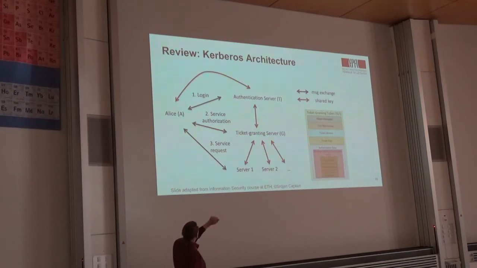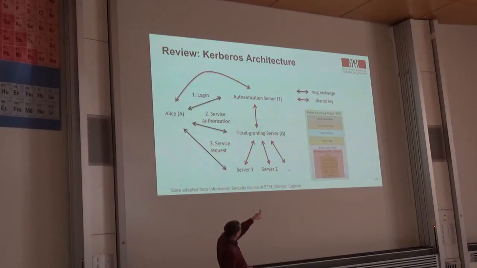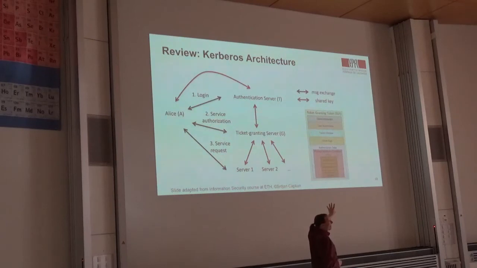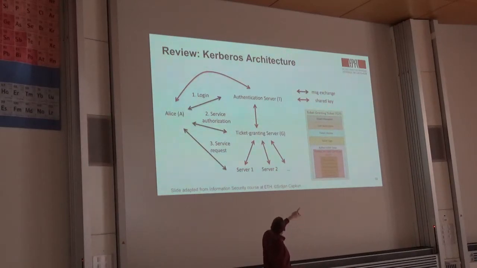So she first goes to the authentication server, types her password, proves to the authentication server that she's Alice. The authentication server gives her a ticket granting ticket, and this time we're actually showing, schematically, what this ticket granting ticket looks like. Basically, it has a number of fields, such as the client information, who Alice is, so metadata saying this is Alice, and I've checked that.